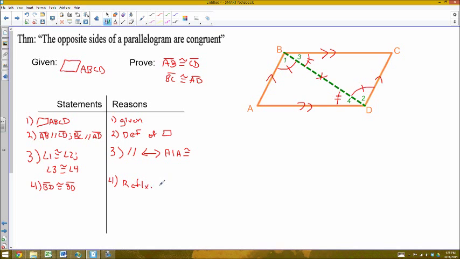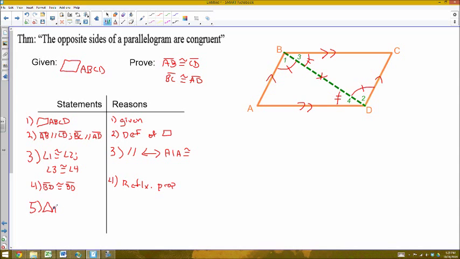Reflexive meaning it's the same as itself. So now I have angle side angle congruent to angle side angle, and triangle ABD will need to be congruent to triangle CDB. So now I've basically converted this four-sided shape into two triangles, which I know how to prove all kinds of interesting things about.